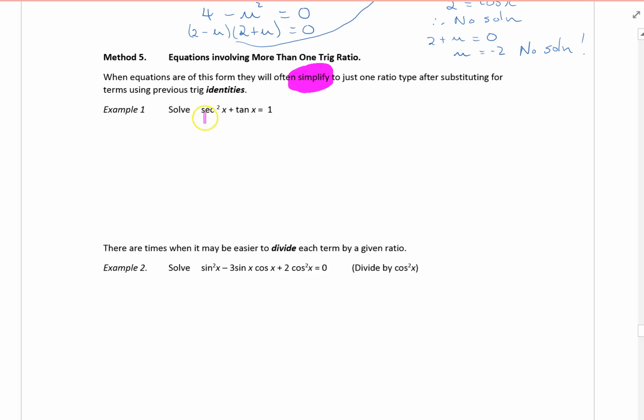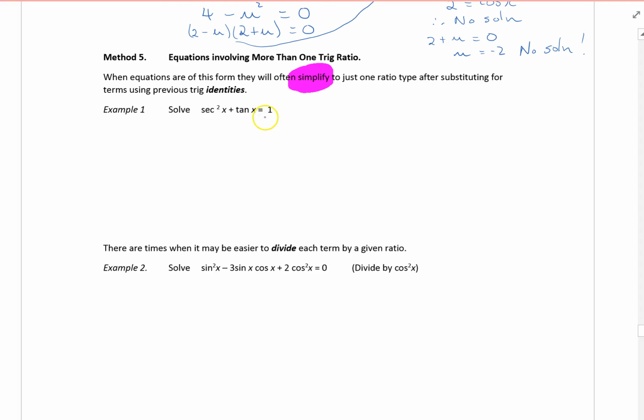Okay, so some of you would be thinking you know a little about sec squared. Hopefully, you know that it's come up somewhere. I think I would just have a read through the whole of the equation first before we jump into deciding on anything. Then we've got a plus tan x, and we've got it equal to 1.